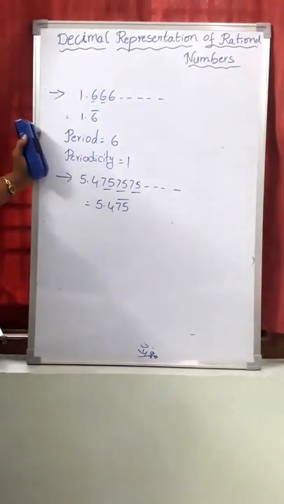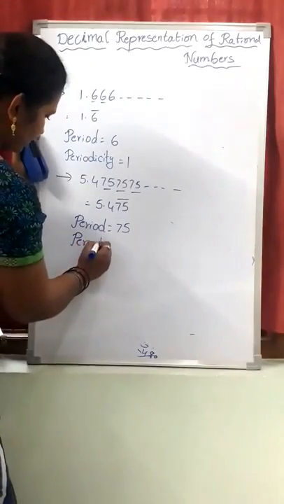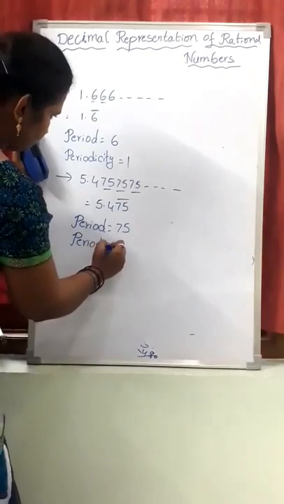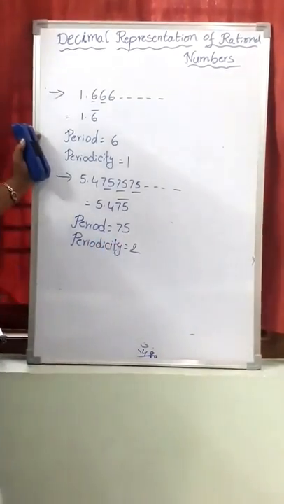Only 7 and 5 are repeating. So we can say that the period for this recurring decimal is 75. Which digits are repeating, that is called the period. And how many digits are repeating here? Only 2 digits are repeating. So we can say that the periodicity is equal to 2.